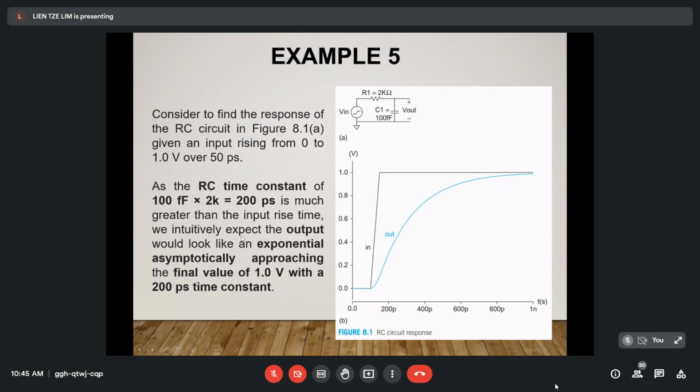We intuitively expect the output to look like an exponential asymptotically approaching the final value of 1 volt with a 200 picosecond time constant. So this graph shows the rise, increasing exponentially, with the 200 picosecond time constant.